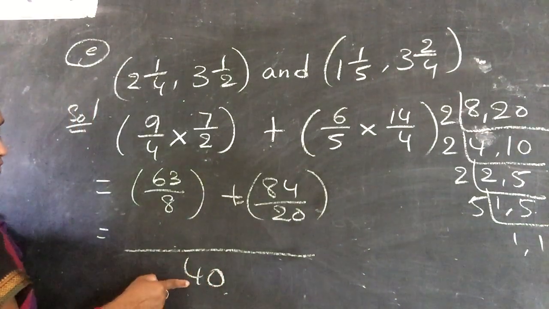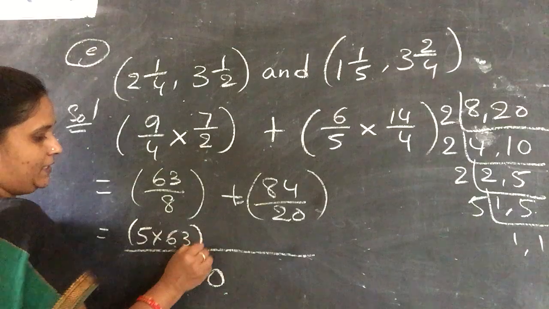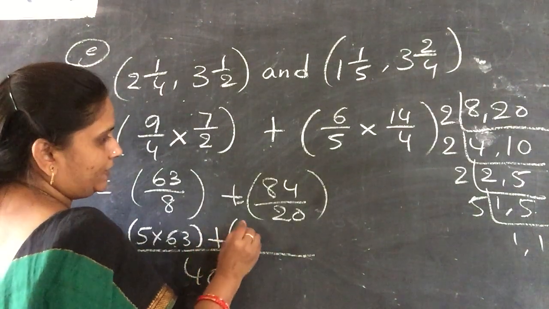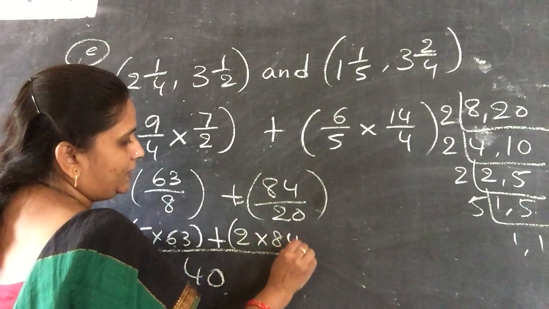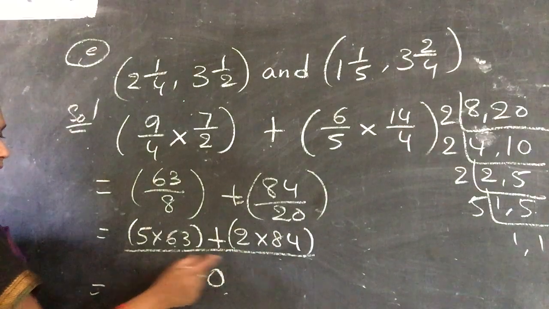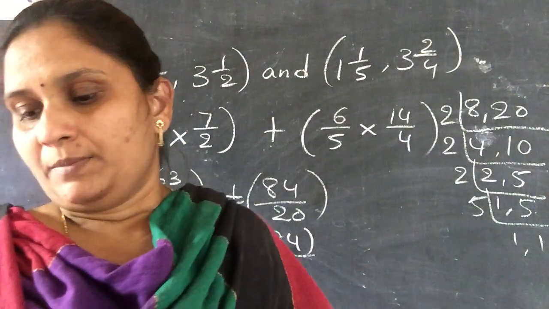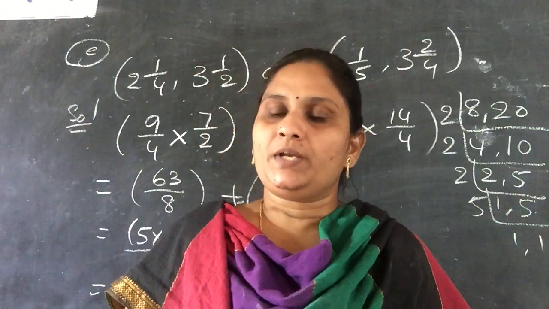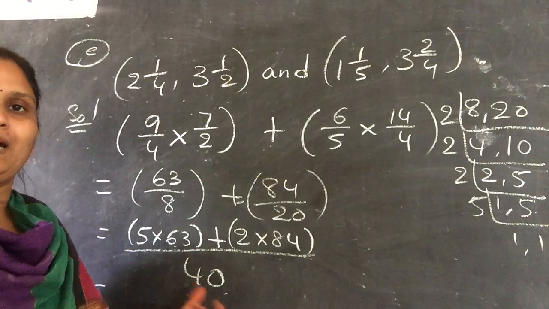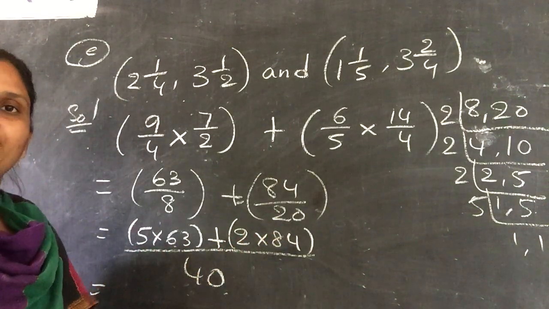Okay, in 8 table 40 multiplied, divide 5 times. 5 into 63 plus in 20 table 40 divide 2 times. 2 into 84. So multiply these two and find the total of the sum. Last you have to do the mixed fraction. Okay, so next, this is the last, almost everything I did, children. Finally multiply these two and do the totaling of those products.